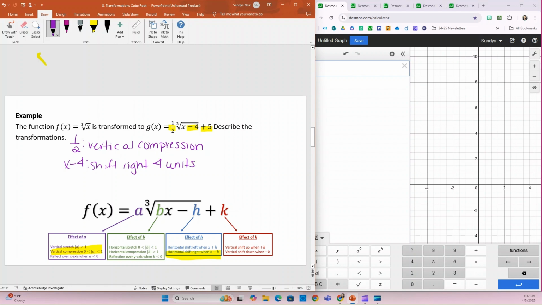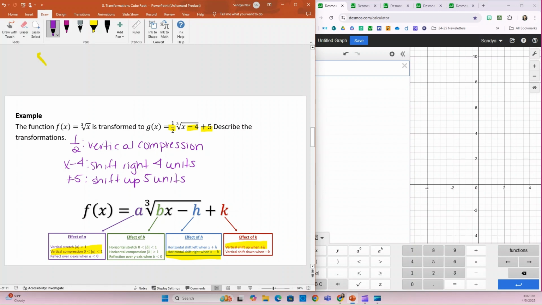Okay, and then finally we have on the end of this function that plus 5. So that plus 5 is actually representing a plus k. If we go to our study guide, it says that is going to be a shift up. So that means that plus 5 is going to create a shift up 5 units.